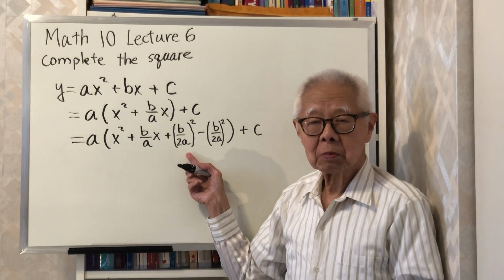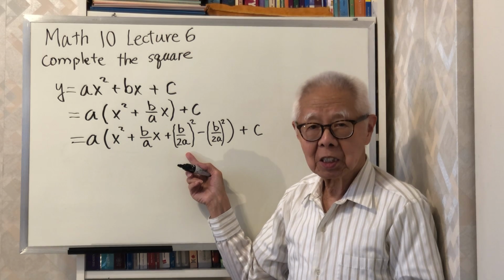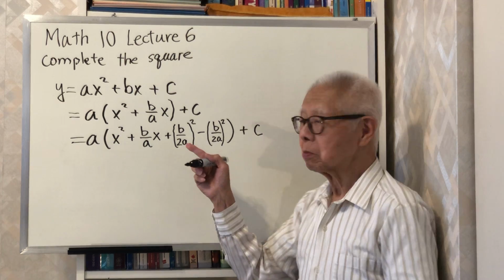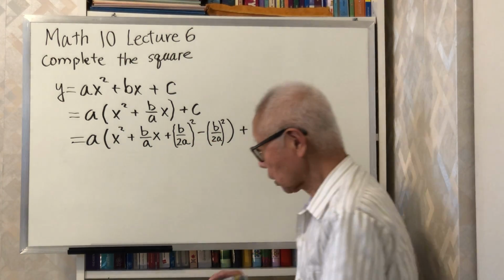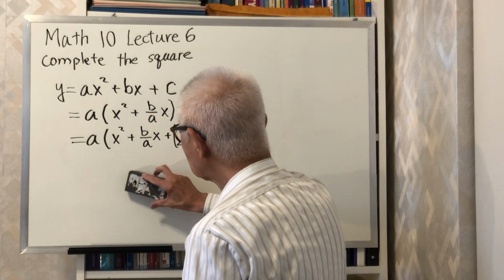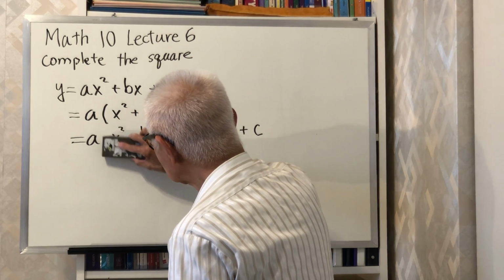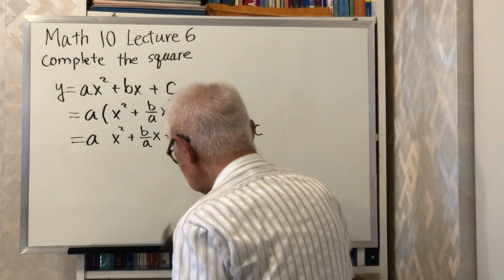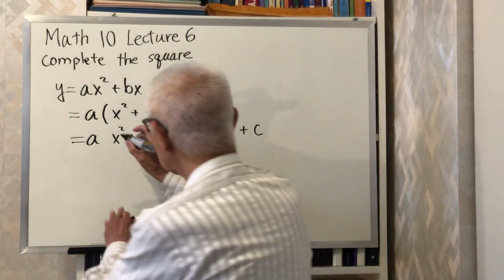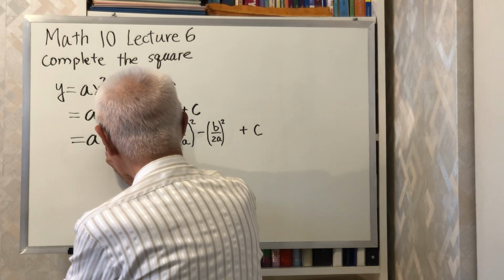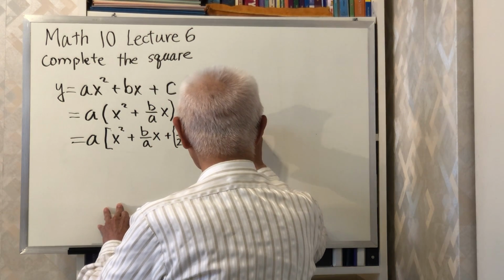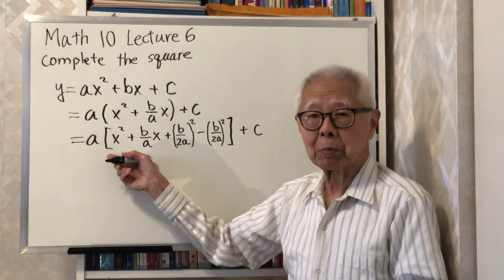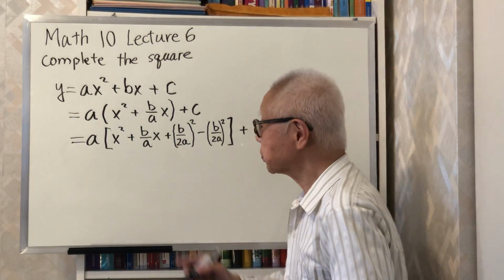I add a term b over 2a and the whole thing squared, and I subtract the same term. I just changed the circular bracket to a square bracket.